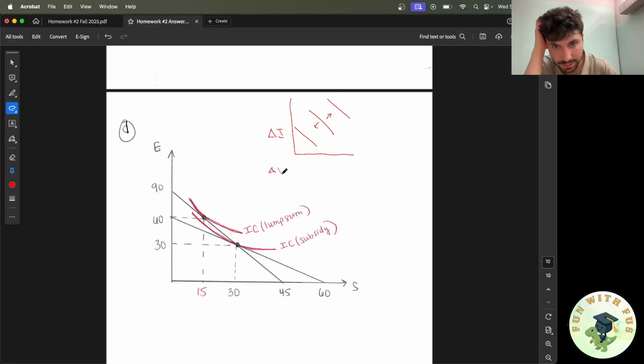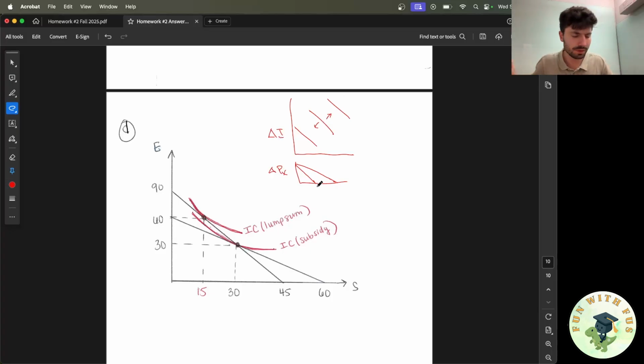Let's say it's the price of X. If the price of X changes, you're going to get a steeper or less steep relationship. That's a general rule of thumb for how changes in income and changes in prices look on these graphs.